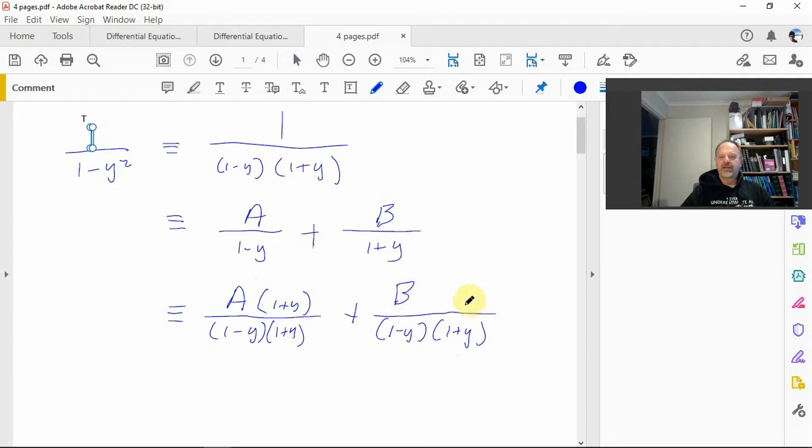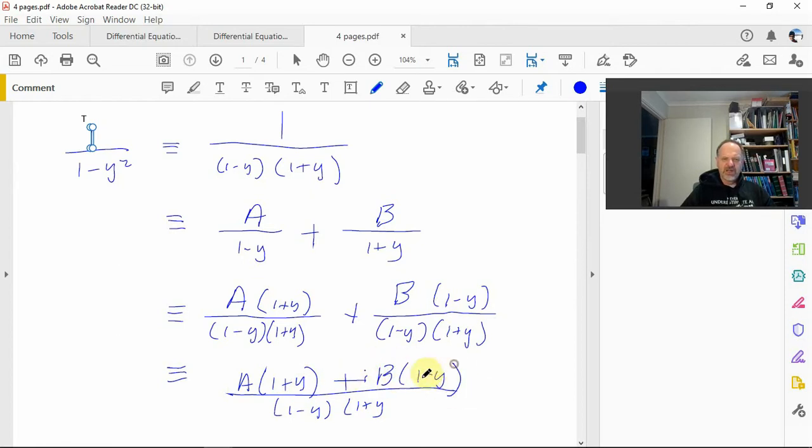Over on the right-hand fraction, the 1 plus y was there, so we have to multiply by the 1 minus y. All right, put it all over that one denominator. And then we've got a times 1 plus y plus b times 1 minus y. Okay, so if these things are equivalent, and we already know that our denominators are the same, what that means is that our numerators must be the same.